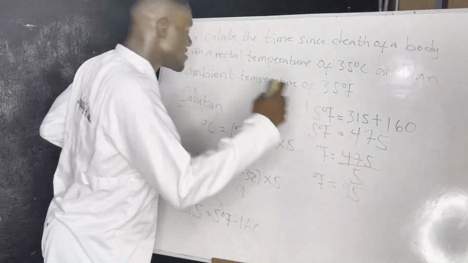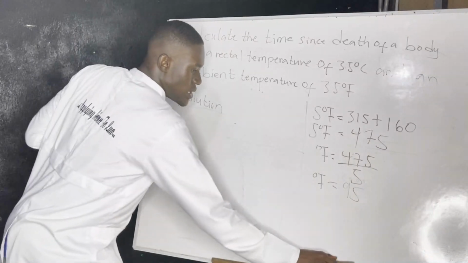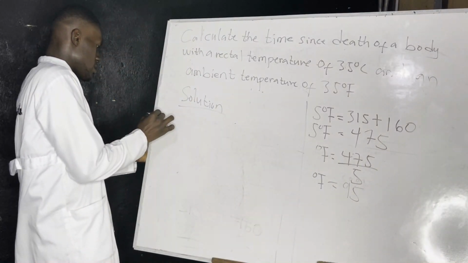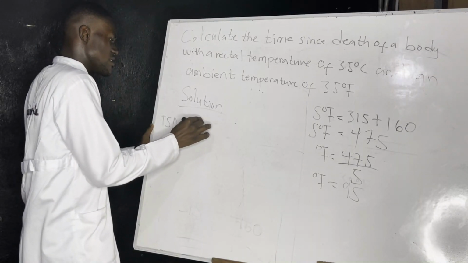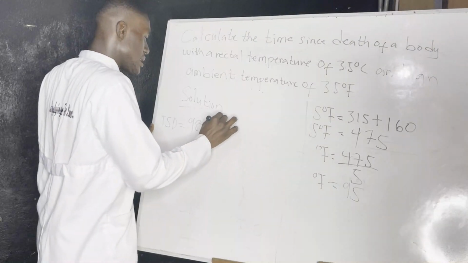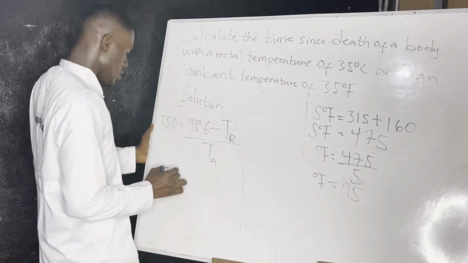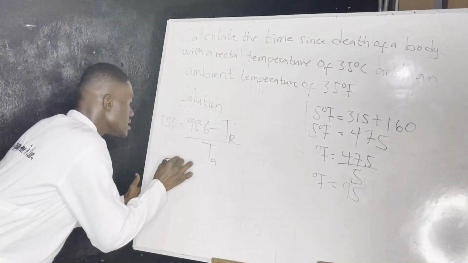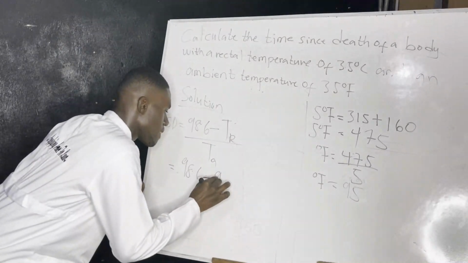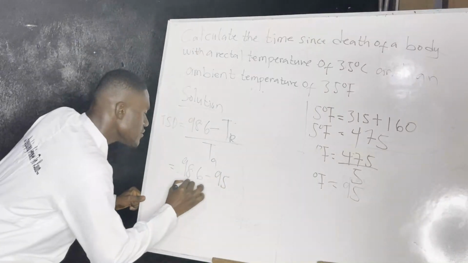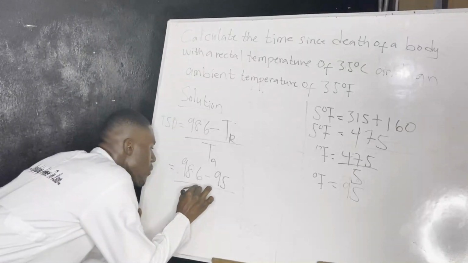So we will slot it inside the original formula, which we have established already: the time TSD is equal to 98.6 minus the rectal temperature, all divided by the ambient temperature, TA. So our 98.6 minus the rectal temperature, 95, then the ambient temperature, which we know is 35, which is greater than 32, so now it's 1.5.